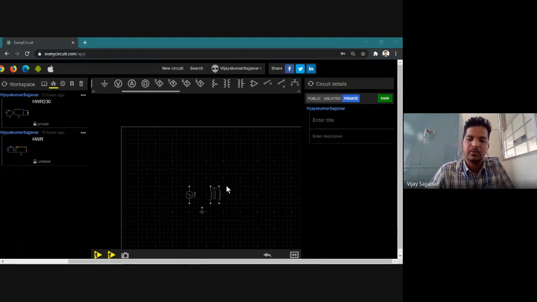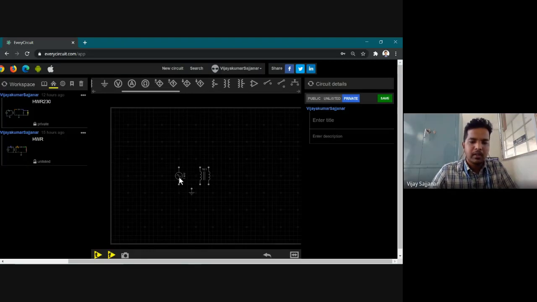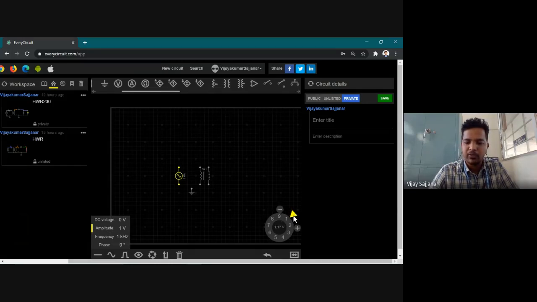Sorry. So we have an AC supply of 1 kilohertz. I will leave it at 1 kilohertz because the waveforms will be faster, and we'll have the analysis pretty soon. Maybe we'll take a practical value of 230 volts.